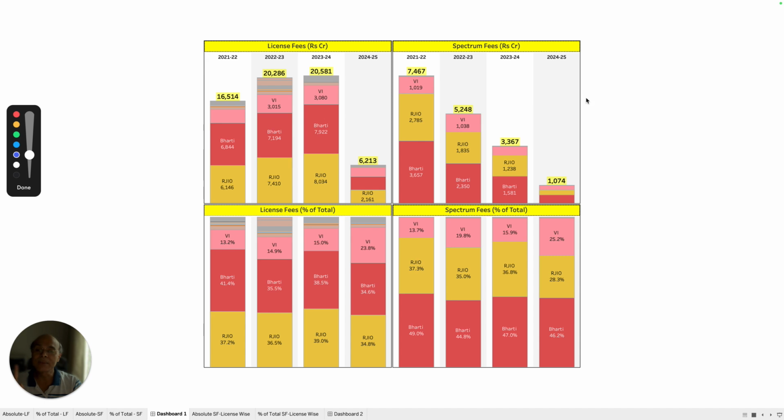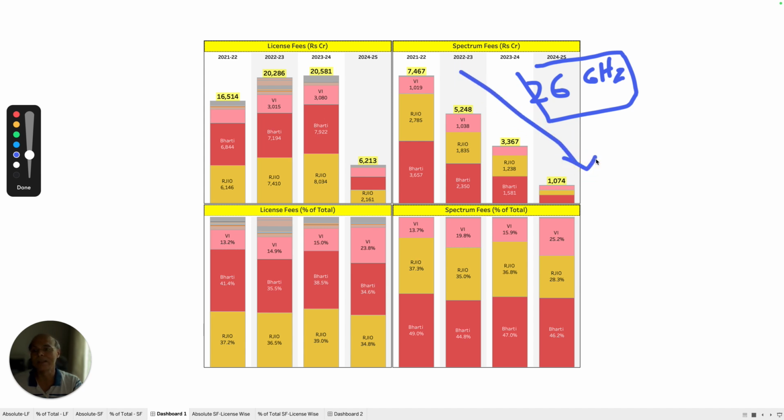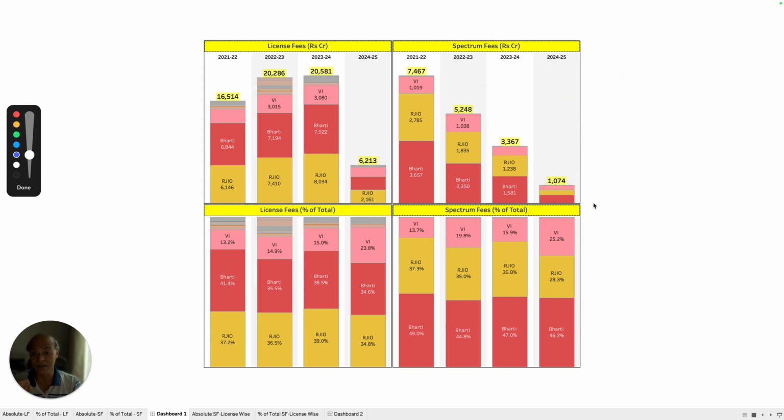One single spectrum band which nobody uses. What is the spectrum band? 26 gigahertz band. Now, this 26 gigahertz band you might not even have heard about, right? This is the block of spectrum which is responsible for driving the spectrum usage charge down by this significant factor.